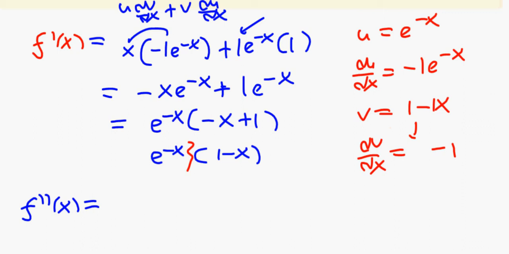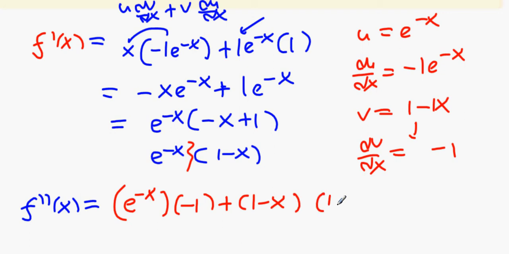And now we're going to do the product rule. So u times dv/dx, so e to the minus x times minus 1, plus v times du/dx, which is (1 minus x) times minus 1 e to the minus x. And let's look at what happens here.